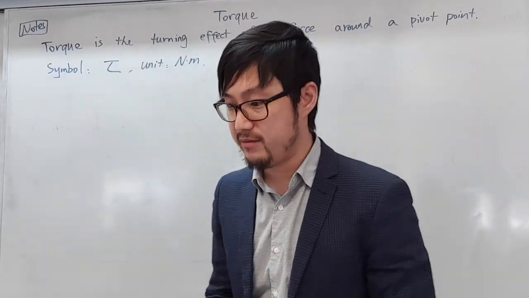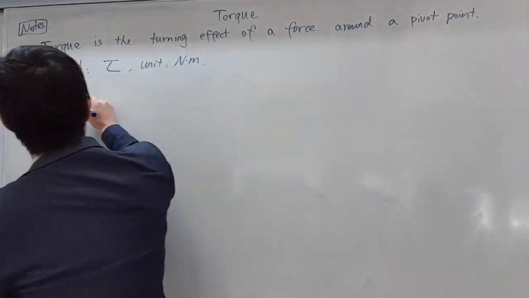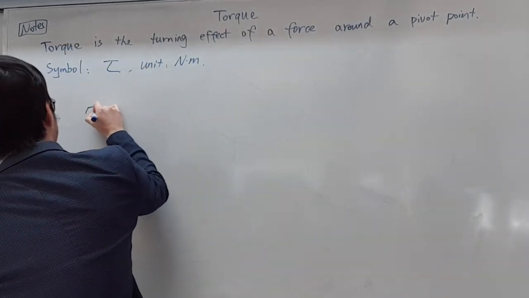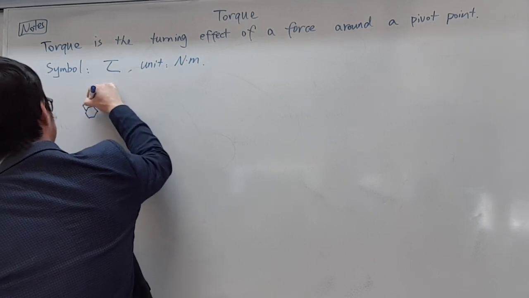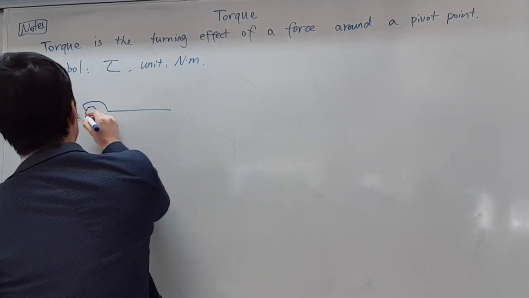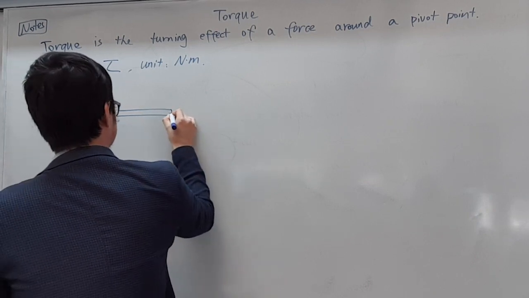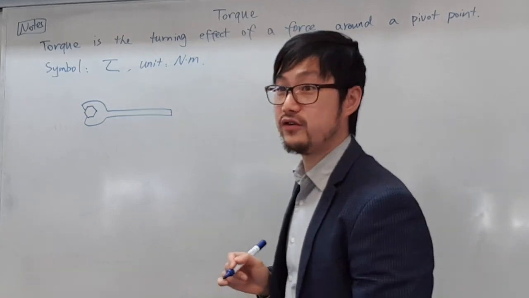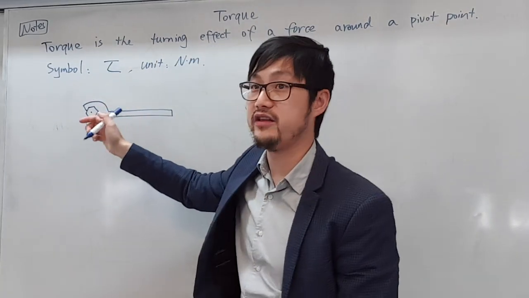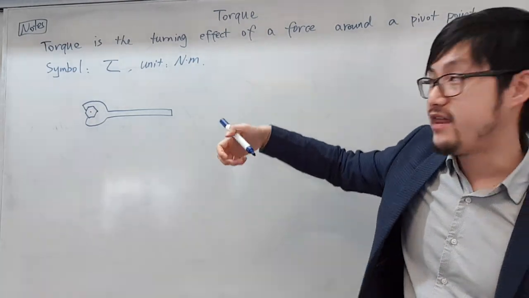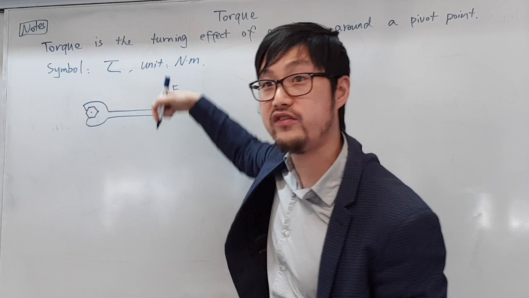Okay, so let's use another example. Another example is typically a spanner. So let's say we have a spanner over here. So this is where the nut is, right? And then when you push it, you give a force over here.